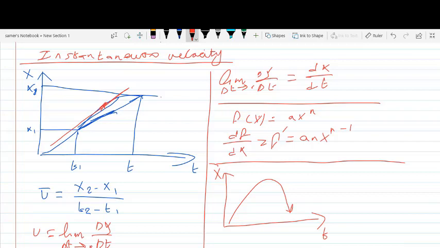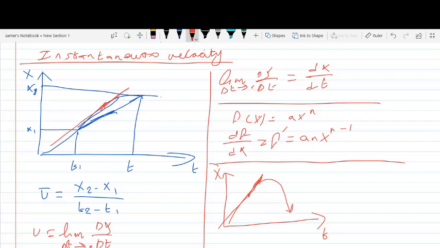Let's say this point, for example. We just simply find the slope of the tangent line of the graph at this point, and we can distinguish whether this velocity is positive or negative from the sign of the slope.